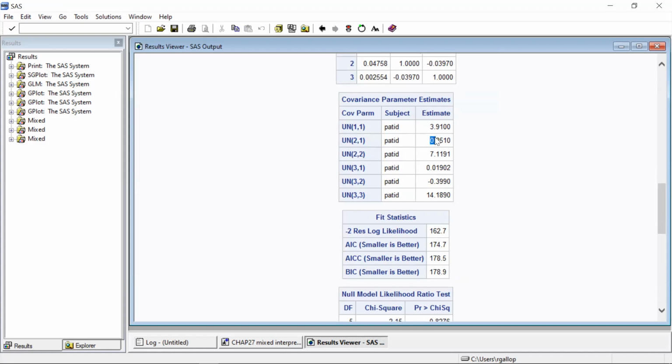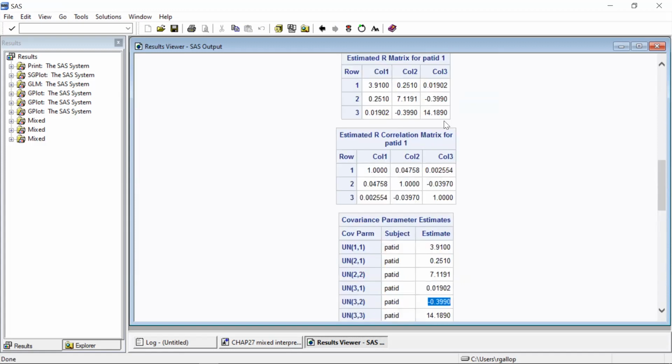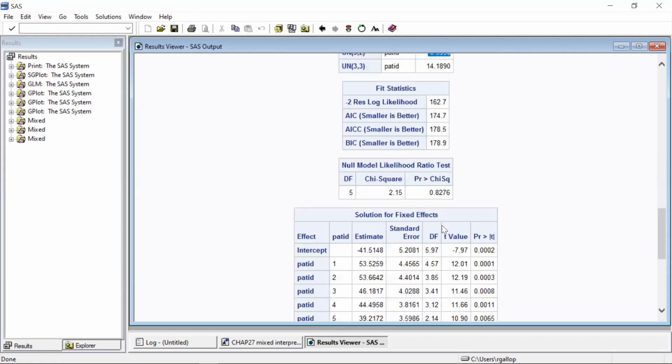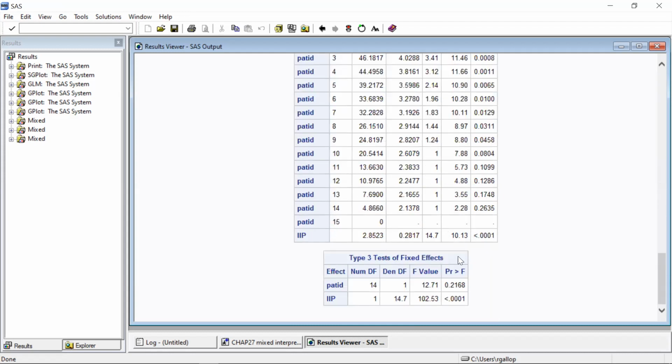UN21, the covariance between time 1 and time 2. UN31, the covariance between time 1 and time 3. And UN32, the covariance between time 3 and time 2. This is showing us the standard variance covariance matrix for patient 1 and the respective correlation matrix. One of the weird things is that between time 2 and time 3, they're negatively correlated, which is kind of curious, but that's cool. Still get the results here.